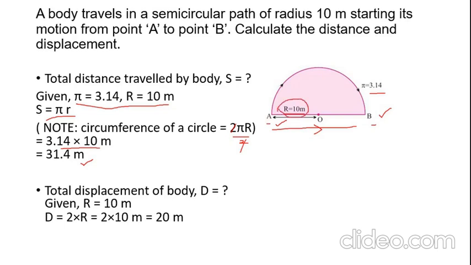From point A to O is 10 meters and from O to B is also 10 meters. Why? Because it is a circle, and the radius of the circle is 10 meters. So R plus R, or you can write it as 2R. So the displacement covered by the object is 2R, 2 into 10, 20 meters.